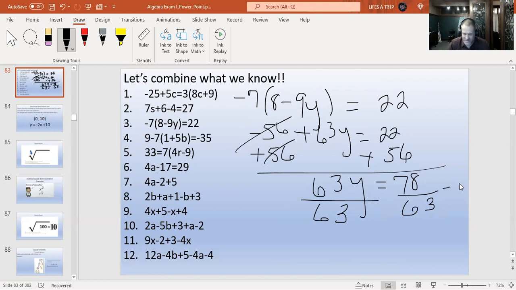It looks like this is going to be y equals 26 over 21. Looks like we can divide those by 3. So if we did 3 into 63, we would get 21. And 3 into 78, we would get 26.